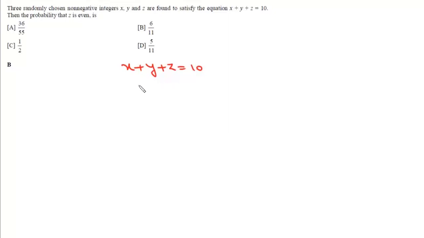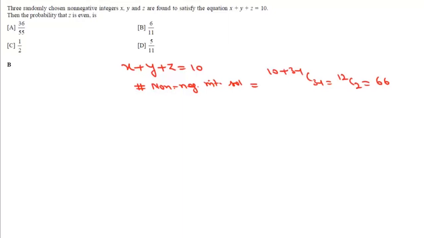This is the number of non-negative integral solutions for this equation, which is given by n plus r minus 1 C r minus 1, which is nothing but 12C2, and 12C2 is 66. So there are 66 ways to choose the values of x, y and z.